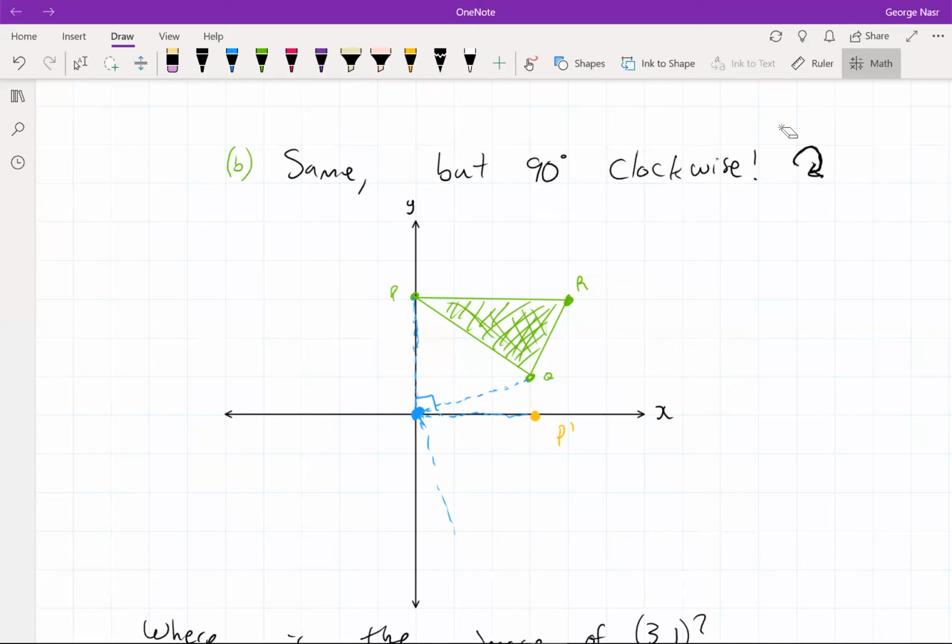If you're not convinced by this, rotate your page by 90 degrees clockwise and see what happens. So notice with P prime, P had an X value of 0 and a Y value of 3. Now notice that the X value became 3 and the Y value is 0.